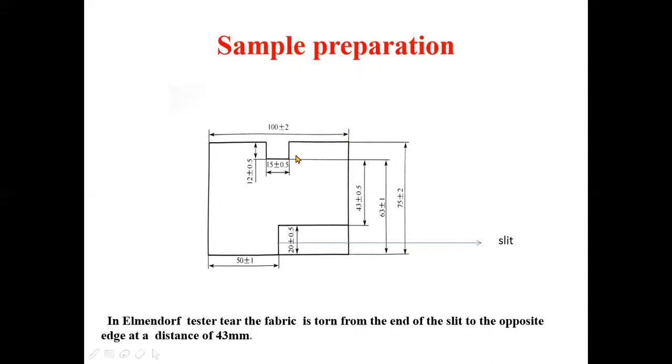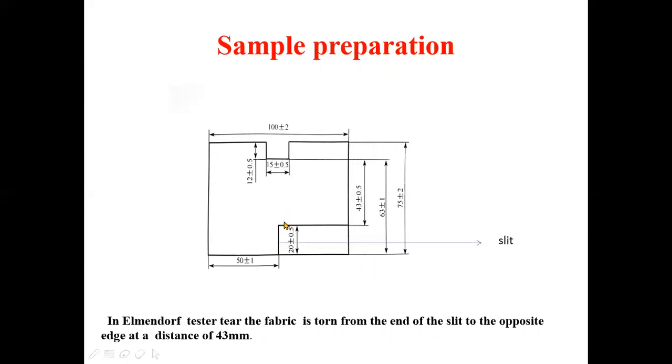And using the template, a slot is to be cut onto the surface of the fabric. The depth of the slot will be around 12 millimeter, and the width of the slot will be 15 millimeter. Here you can see this is the slit. The slit should be made using a very sharp knife, and this sharp knife is fitted with the testing instrument itself. That means the fabric will be torn from this point to this point.